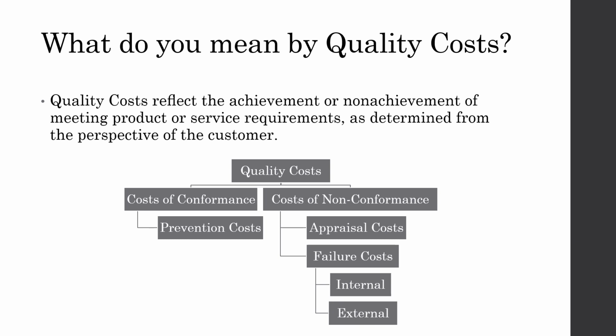The prevention costs are included in this, whereas the costs of non-conformance would be if the product is not up to the mark as specified by the customer, then various efforts would have been put in by the company so as to remedy the situation. Those would be the costs of non-conformance. Appraisal costs and failure costs would be included in this. We will discuss all of the costs in detail in future slides.